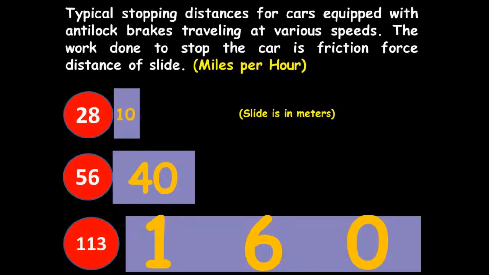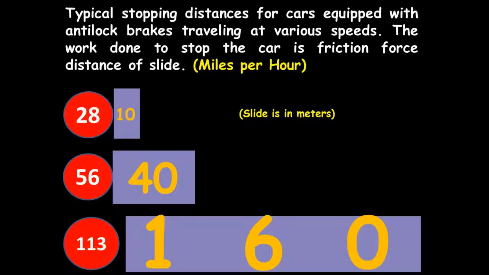So there are energy changes here. If all the energy is being converted, there's a connection between velocity, kinetic energy, and stopping distance. Just a kind of a dramatic example. We'll look at this a little bit more fully in the coming slides.